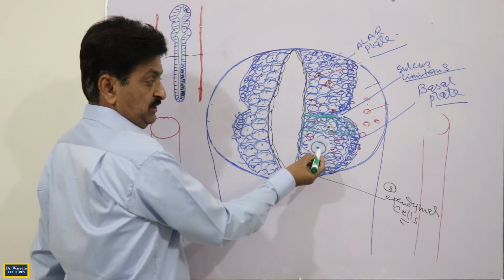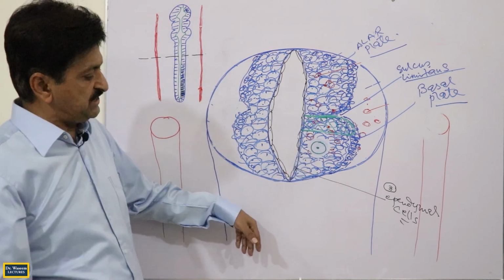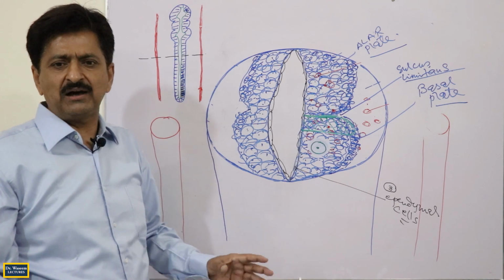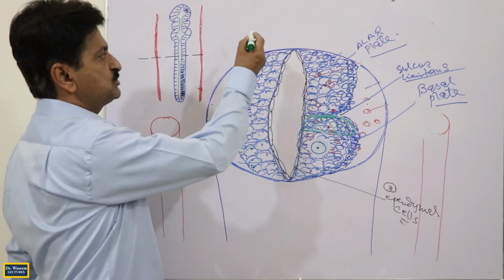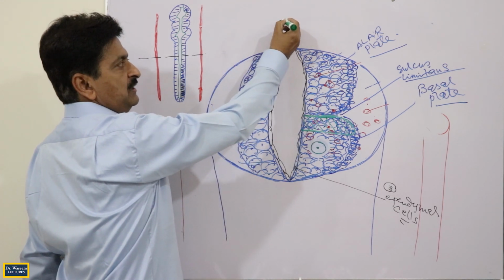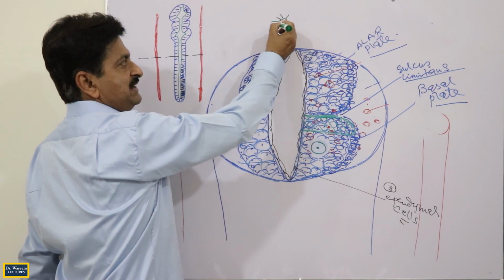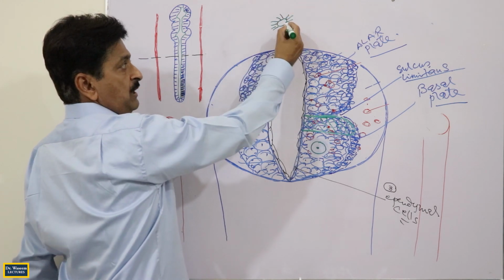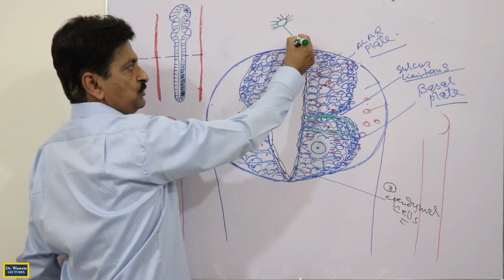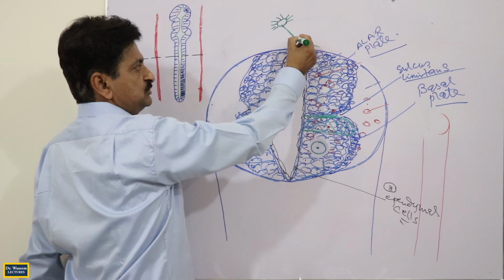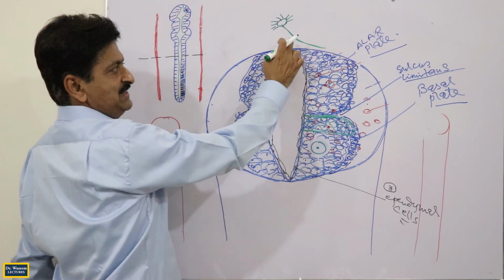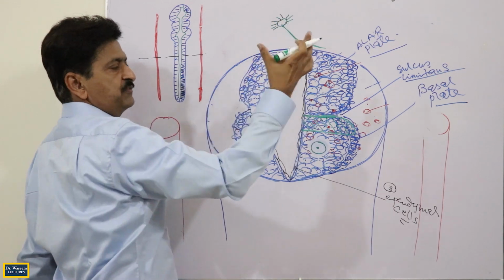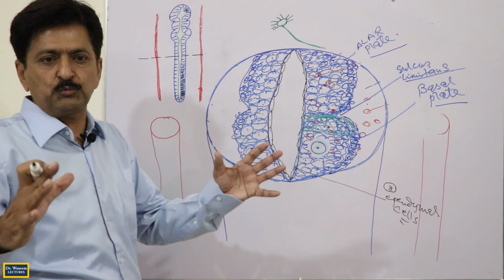This is a motor neuron, and within your central nervous system, neurons usually are multipolar. Multipolar neurons have a cell body and multiple dendrites from all around, and there is a single central axon. On one side there is a single central process called the axon, and from all sides you have the dendrites, the branched cytoplasmic extensions.